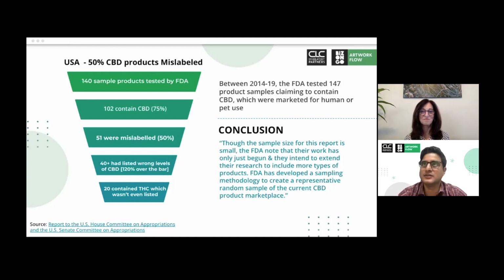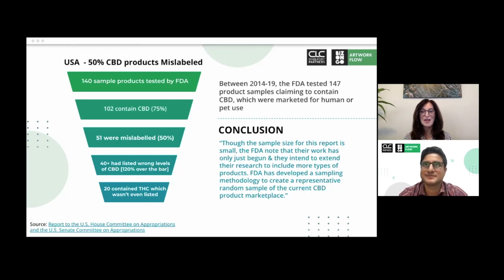But Anna, you mentioned earlier that in the US cannabis is regulated at the state level. Can you talk a little bit about the challenges at the state and the federal level, and how those challenges become a concern for manufacturers as well as labelers?